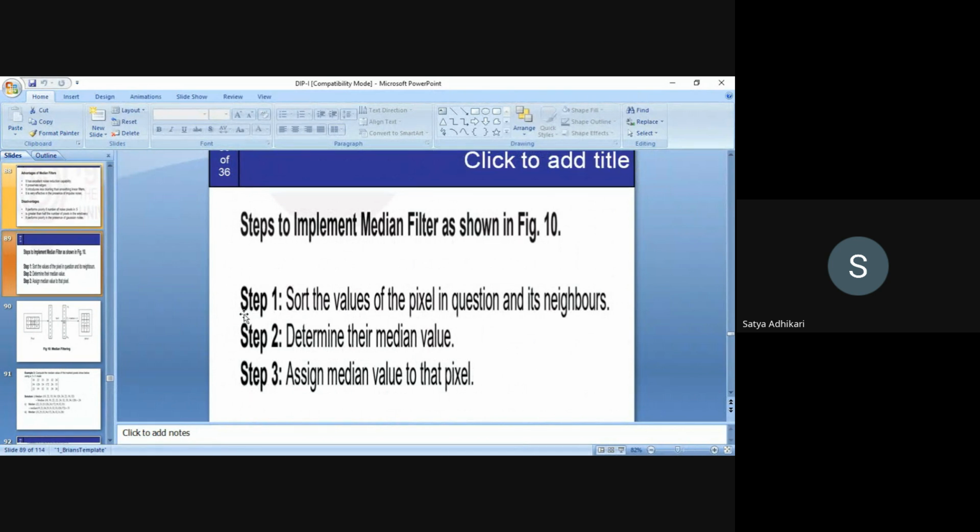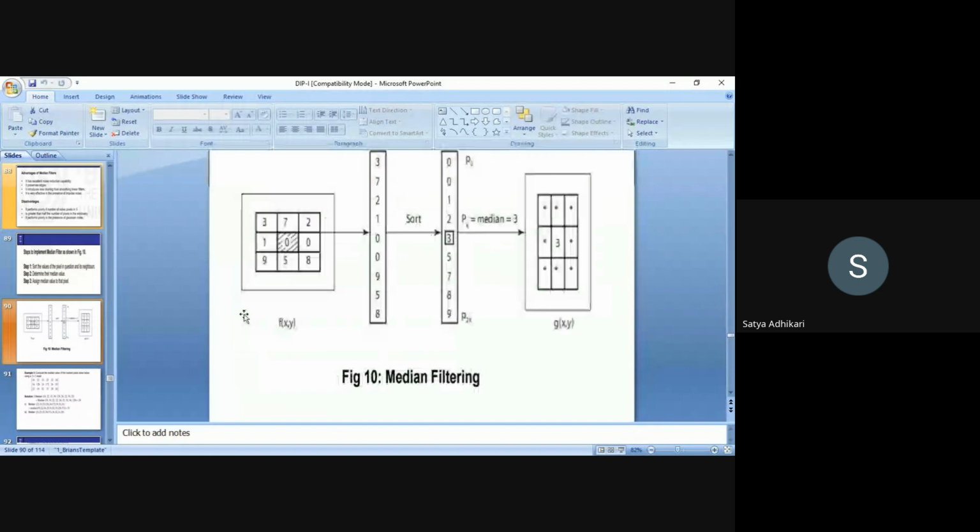In place of the mean, we have to find the median, and in order to find the median we have to sort the values. We have already discussed. You see, we want to find the new value for 0, and the 0 will be replaced by the median value of its neighbors, that is 3 7 2 1 0 0 9 5 8.